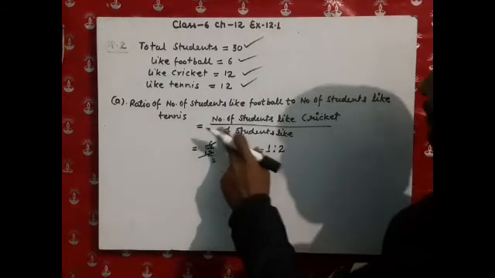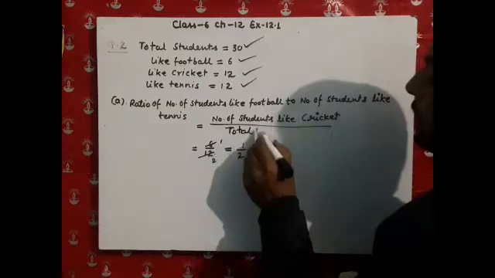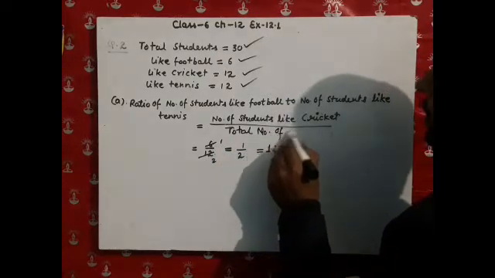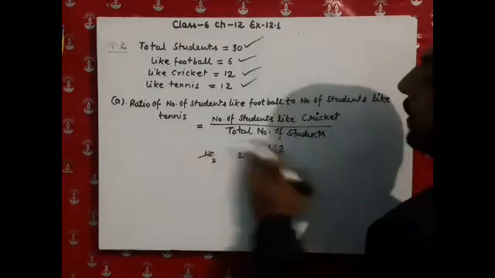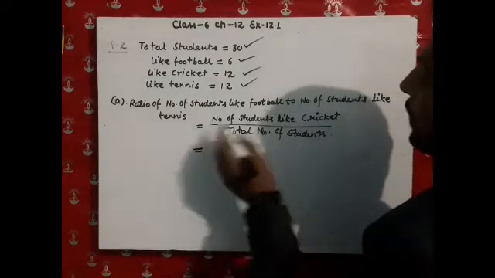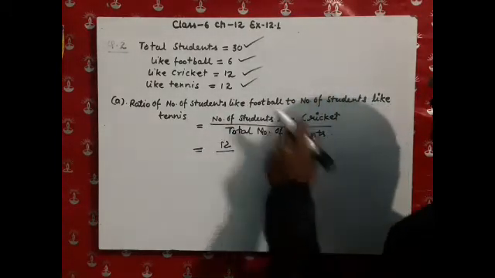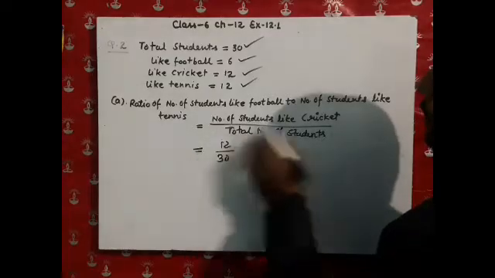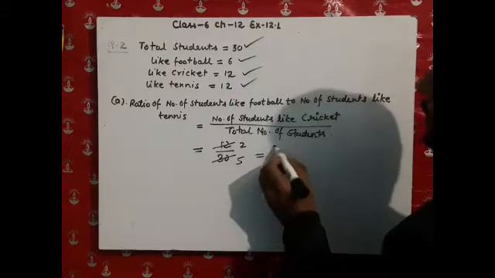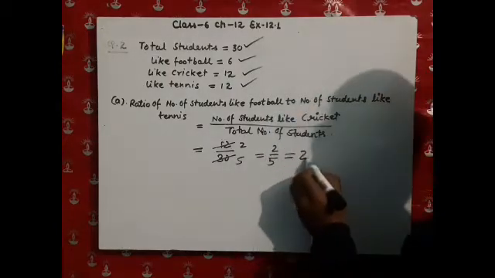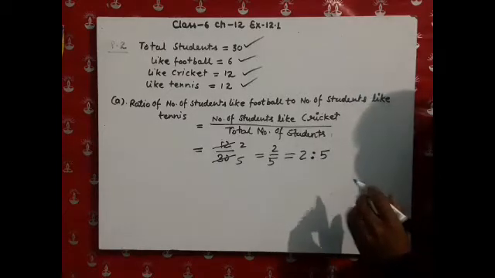Now we will write the number of students who like cricket, 12, and the total number of students, 30. Now 6 twos are 12 and 6 fives are 30. So the answer will be 2 upon 5, and the ratio will be 2 ratio 5.